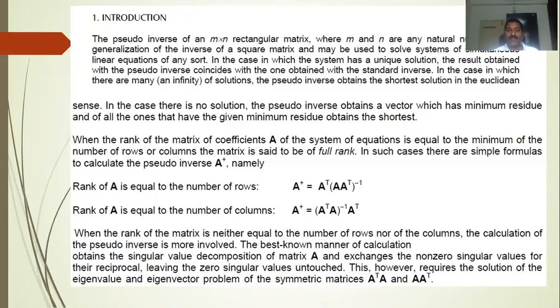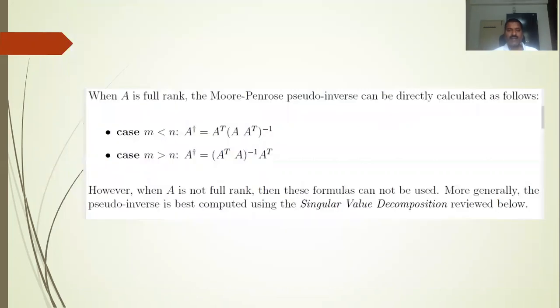Now, if the rank of A is neither equal to the number of rows nor the number of columns, we use a generic technique called singular value decomposition, and with its help we find the pseudo inverse. So, in a nutshell, this is what we want.